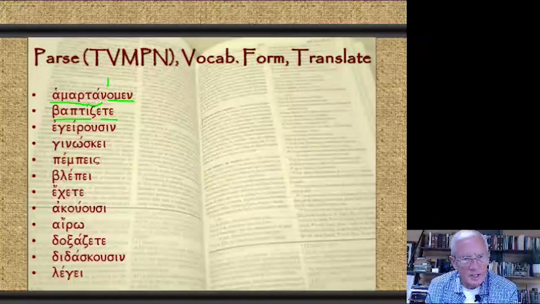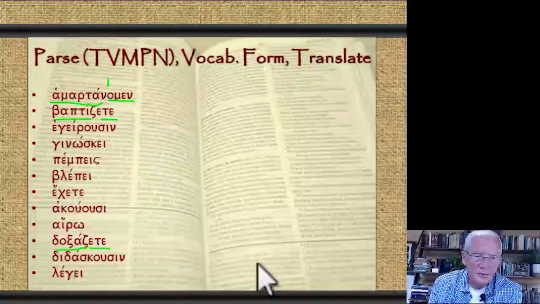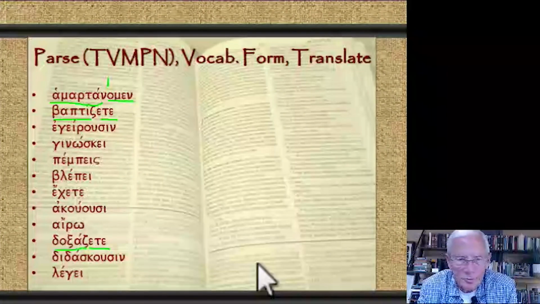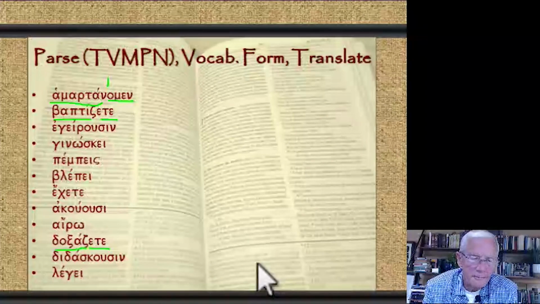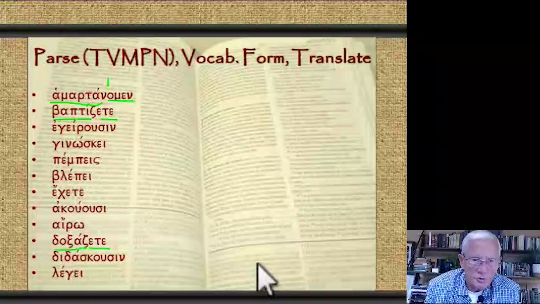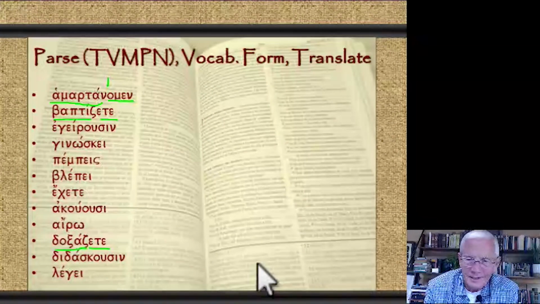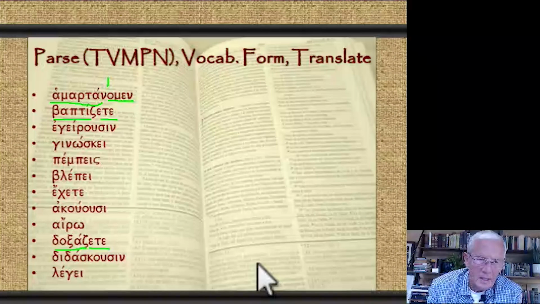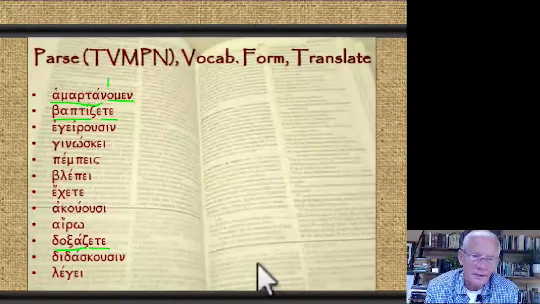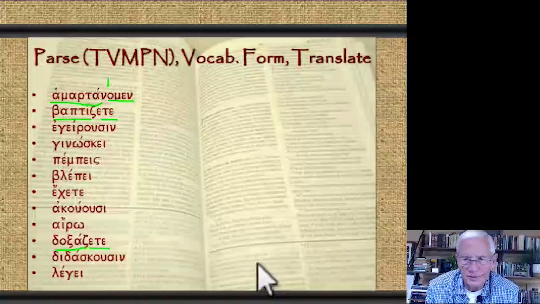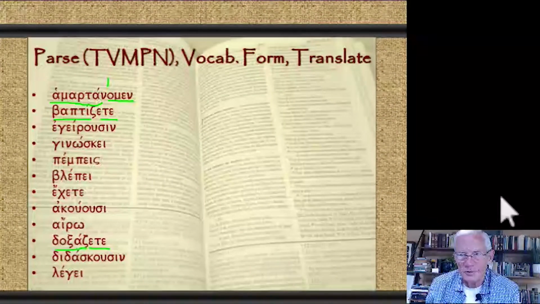With doxadzete, here we have our stem, doxads, and the ending. Present active indicative, second person plural, you glorify. Didaskusin, present active indicative, third person plural, they teach. And legei, present active indicative, third singular, he, she, it says or speaks.